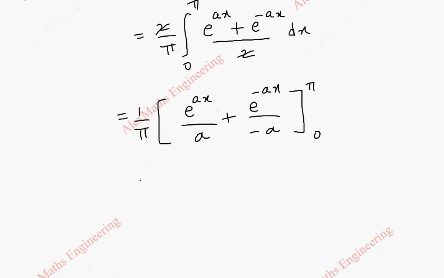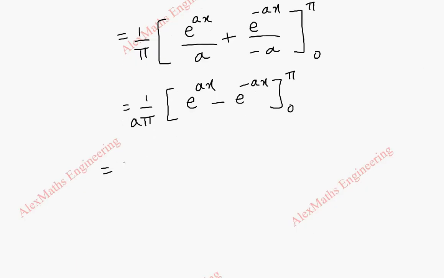Now we can take the upper limit, and before that this a can be taken outside. So we are left with e power ax minus e power minus ax, with 0 to pi as our limit. Substituting the upper limit, we get e power a pi minus e power minus a pi, minus, when I put the lower limit, e power 0 is 1 and again e power 0 is 1.